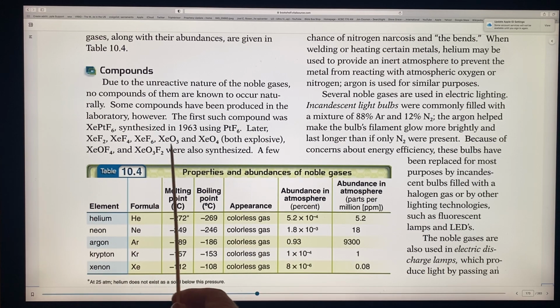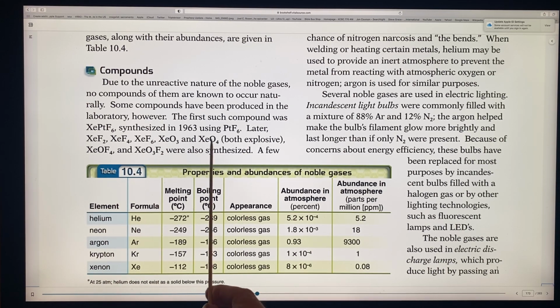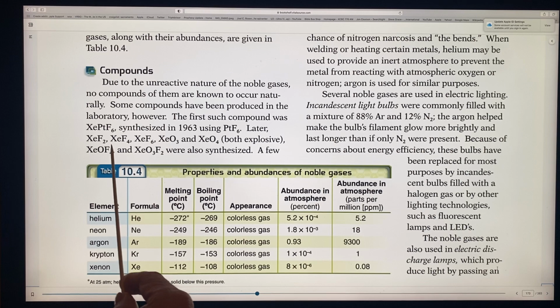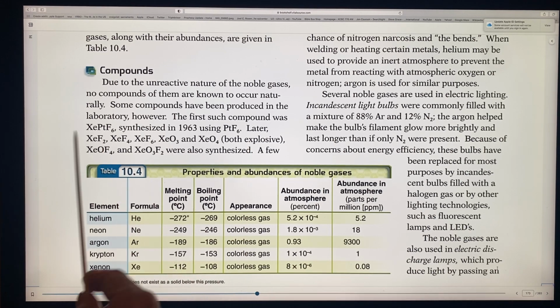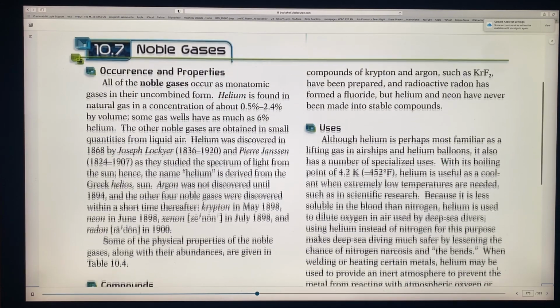Later came other xenon compounds, the last two with oxygen being very explosive, and also with fluorine. You have to combine them in the laboratory to do this. So there were some of the compounds.